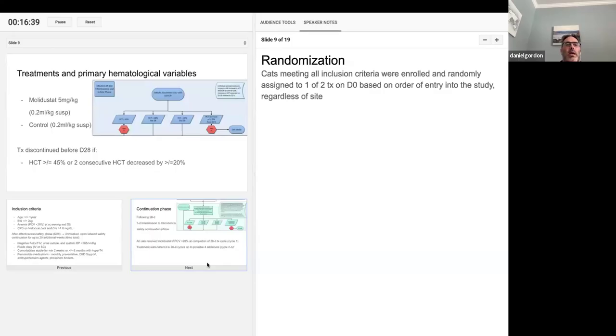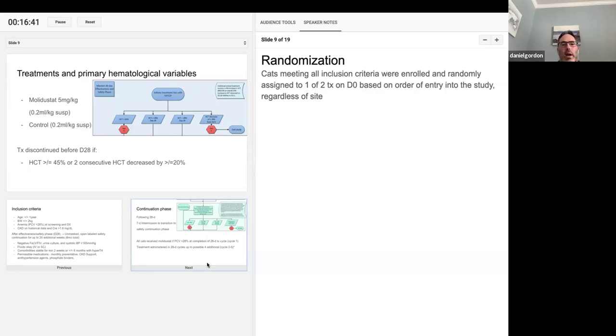When we look at their treatments and primary hematological variables, the molidustat was dosed at a 5 mg per kg dose, similar to the previous study, and the control was given at the same volume with the dosing syringe.